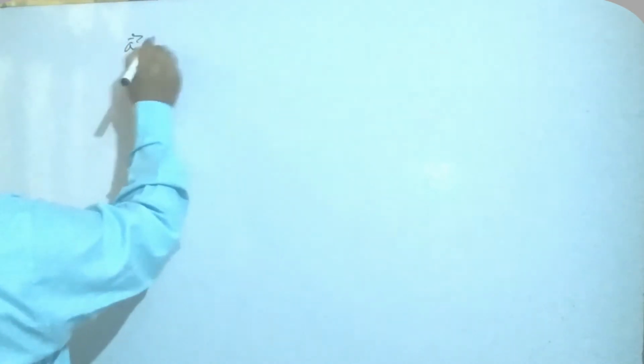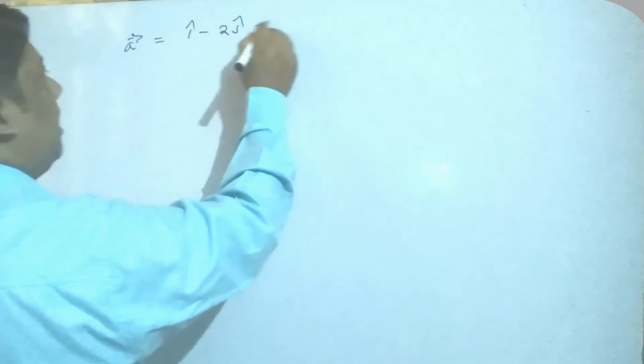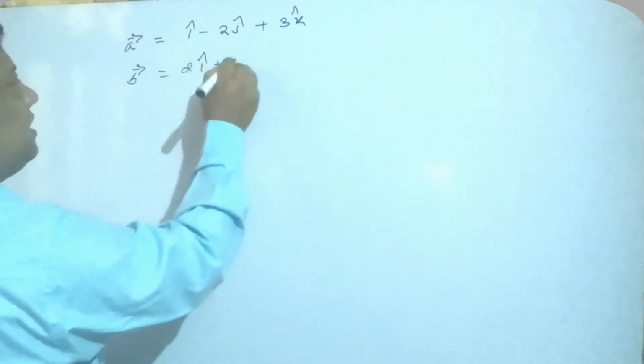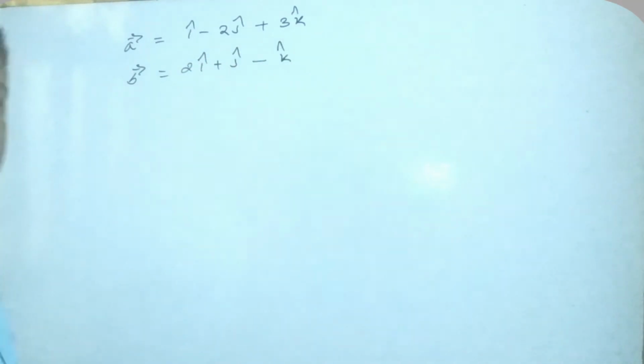Is the dot product 0 or not? If the dot product is 0, then the two vectors are perpendicular. Suppose you are given vector A equals i minus 2j plus 3k, and the second vector is 2i plus j minus k. You have to find the angle between them.